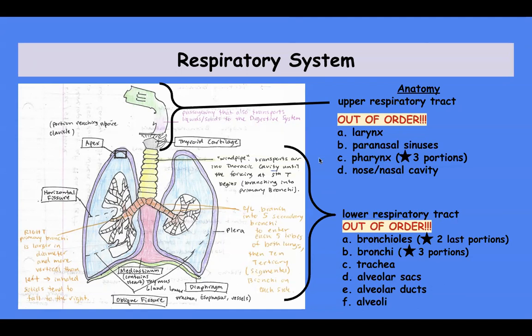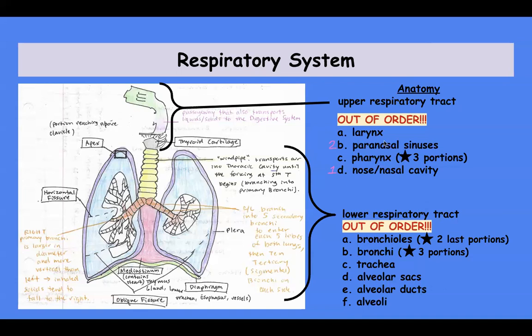So some things I'm seeing in the chat are that the start of the pathway is going to be D, and I'll put a 1 right here. So the nose and the nasal cavity. And then a second thing would be the paranasal sinuses.